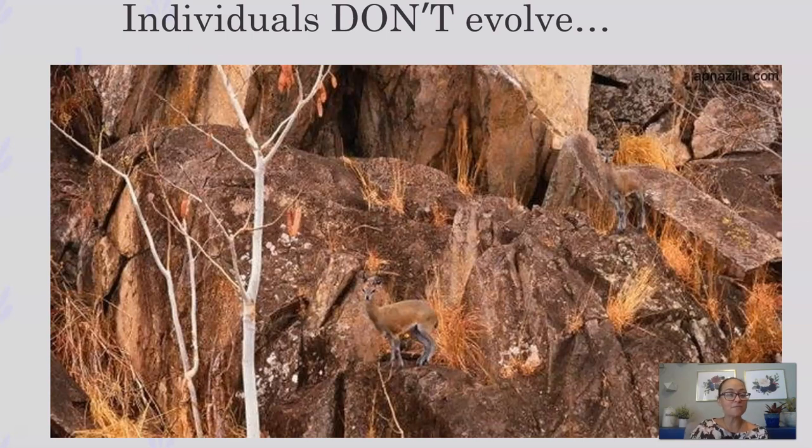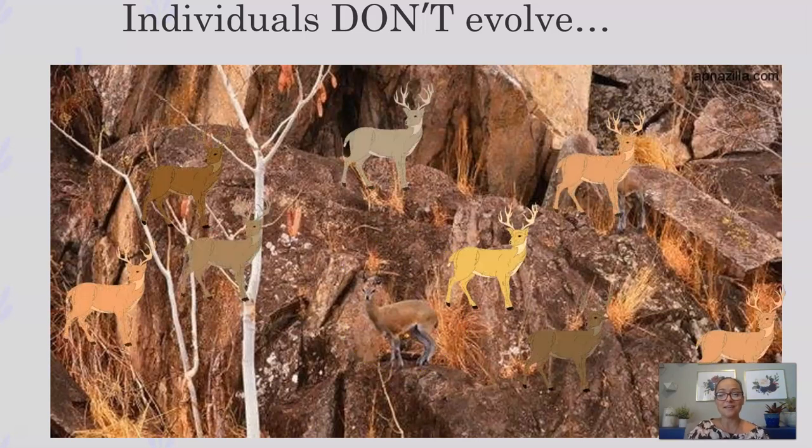So we'll look at one more example here about some deer. So here we have a deer that's pretty well camouflaged. I couldn't get the exact deer using clip art, but you can see how there's variation within a population. Now I want to point out that when we talk about the evolution of a population or a species, evolution means change over time.